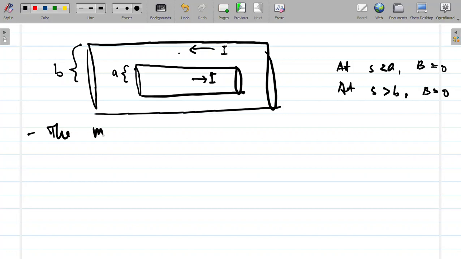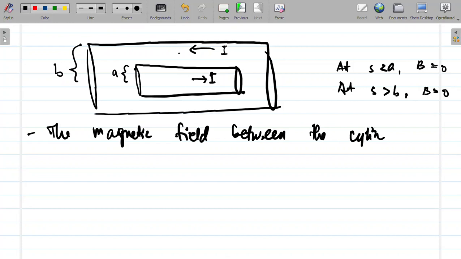So, the magnetic field between the cylinders. So, yan ay B equals, diretsuhin ko na, mu naught I over 2 pi S phi hat.